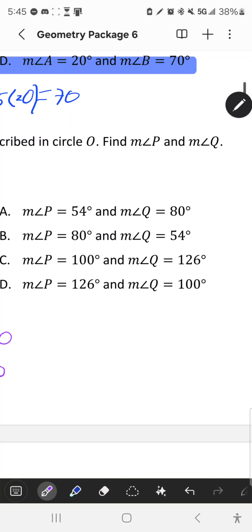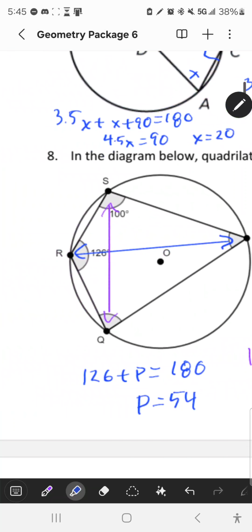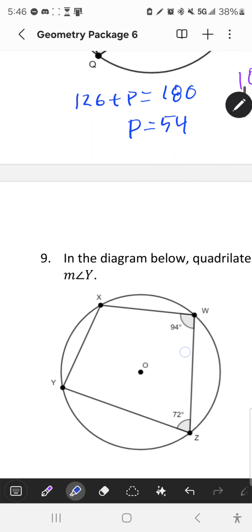And that's our answer, which is choice A. Basically, you need to know that in a quadrilateral that is inside of a circle, the opposite angles add up to 180. They are supplementary to each other.